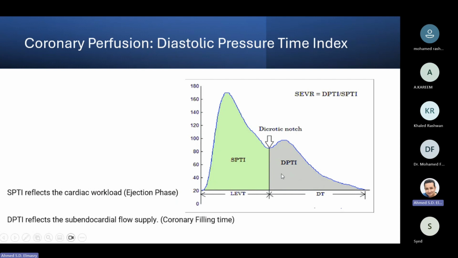And here, during the diastolic phase, the pressure should be maintained in order to maintain the coronary filling. So this area under the curve is a surrogate of the coronary perfusion, and also a surrogate of the coronary blood supply or oxygen supply. So this phase is equal to the oxygen demand, and this phase is a surrogate of the oxygen supply to the heart throughout the cardiac cycle, through the systolic phase and the diastolic phase.